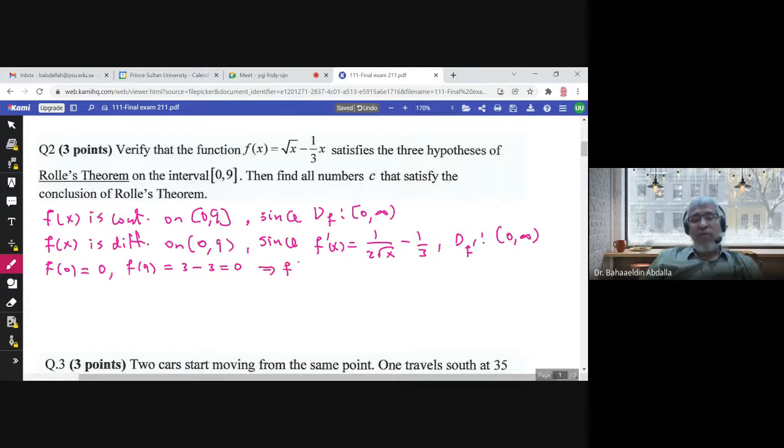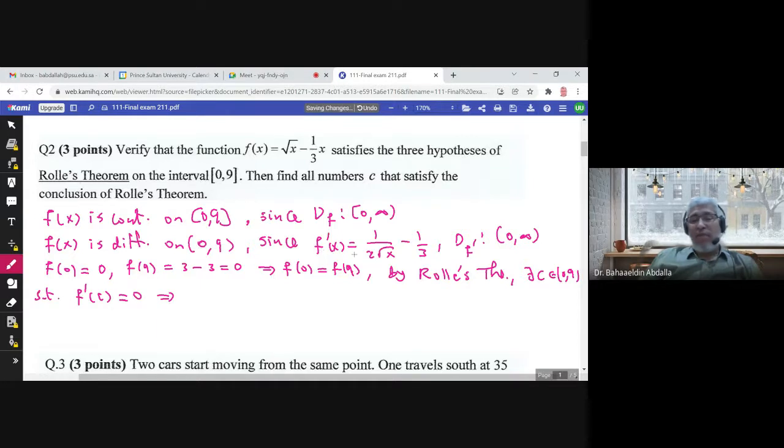So f of 0 equals f of 9, and the three hypotheses are satisfied. Then by Rolle's theorem, there exists a number c in the open interval 0, 9 such that f prime of c is equal to 0. This is the statement of Rolle's theorem.